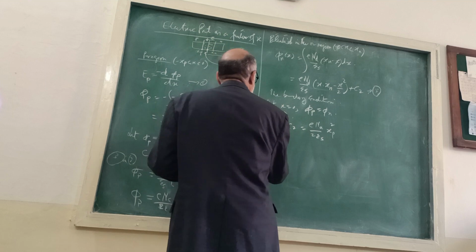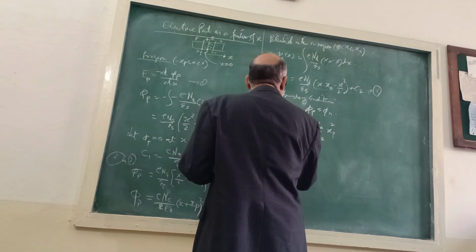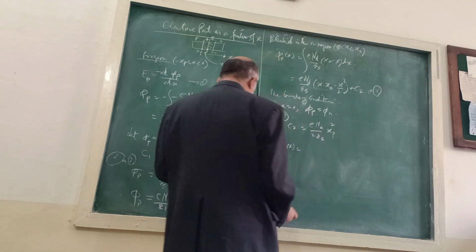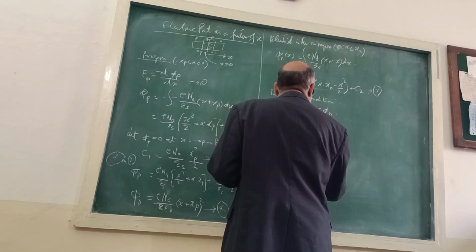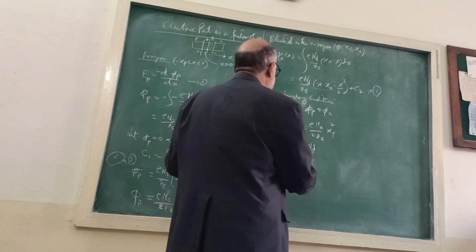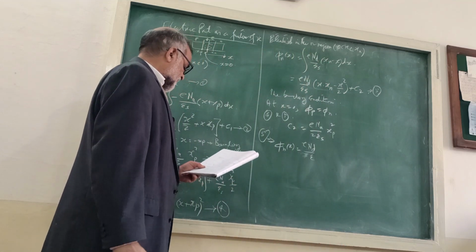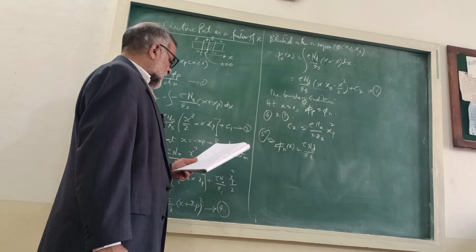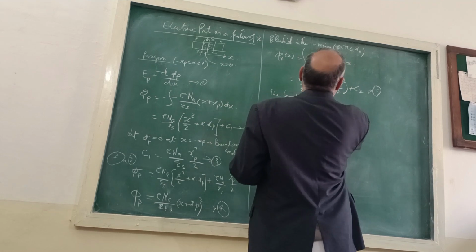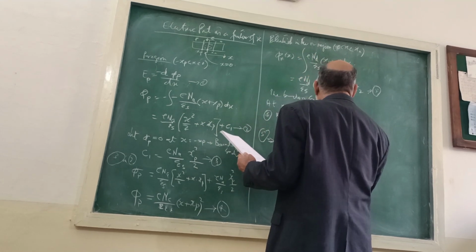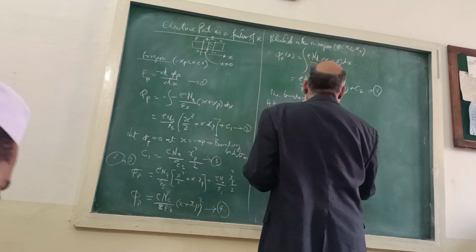So equation 5 can be written as phi n equal to q ND by epsilon s, x xn minus x squared over 2, plus C2.